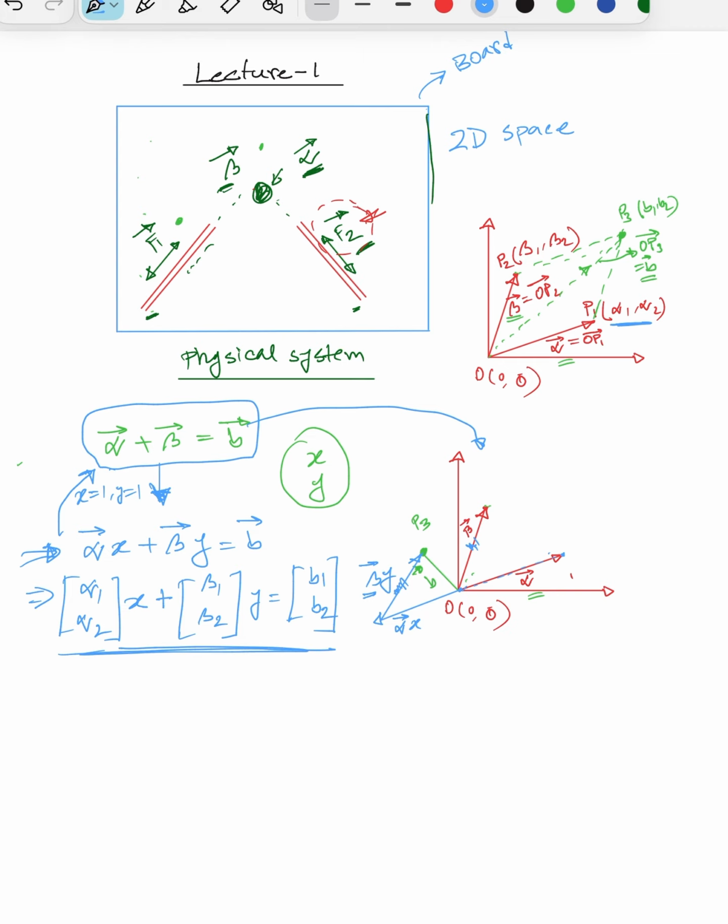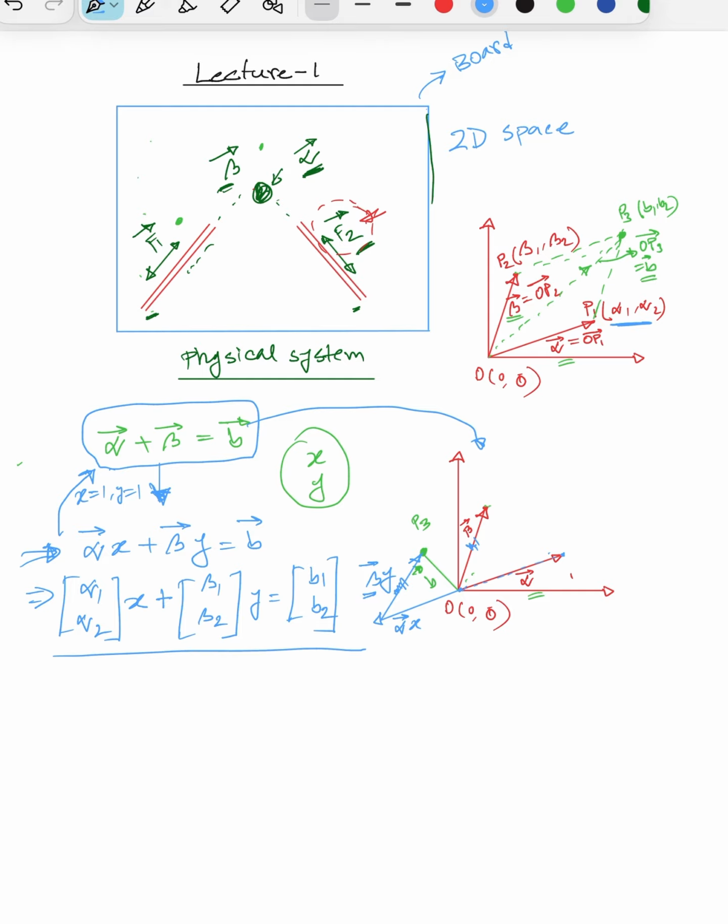That is the equation that we have formulated, and we know what is x and y. X and y are basically weights to which these columns should be combined to get the final variable.